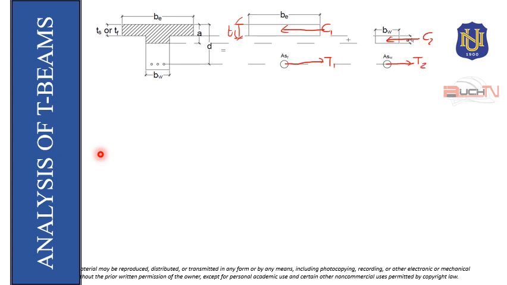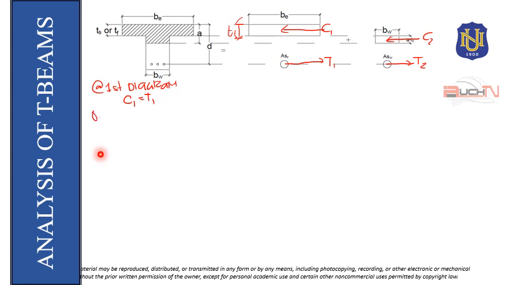So now, on our first diagram, we can say that C1 is equal to T1 there.